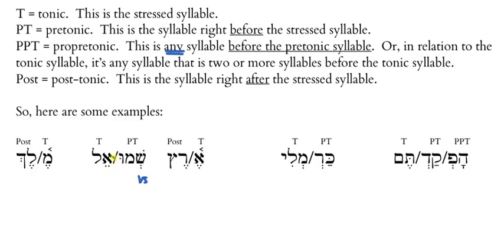Here it's open, and L is closed. But that's not as important as knowing the tone here. Where's the tone? There's no accent mark over the non-final syllable, so the syllable must be stressed on the final syllable. So that's why we have a T here, and the one right before the tonic is the pretonic syllable. Eretz is like melech. This is tonic because it's marked, so the next syllable is post-tonic.